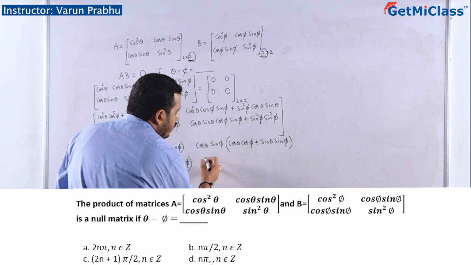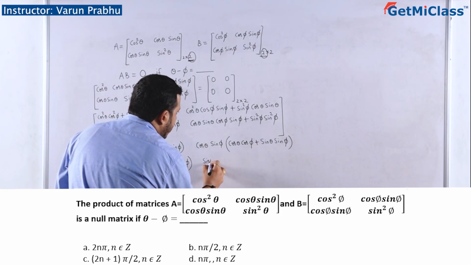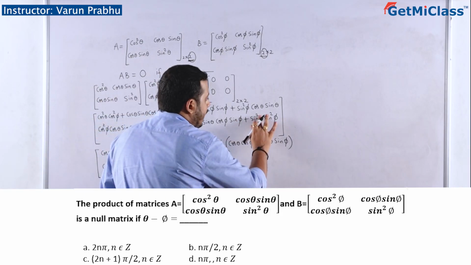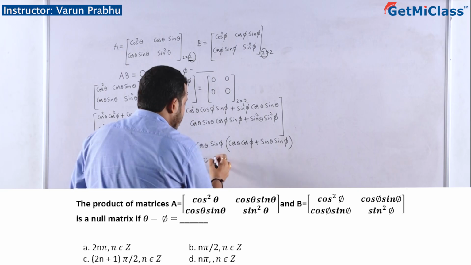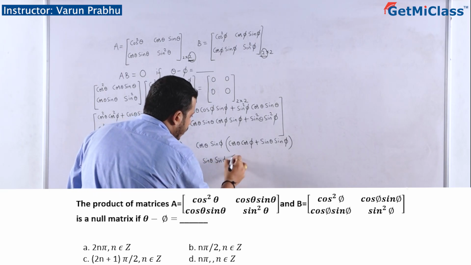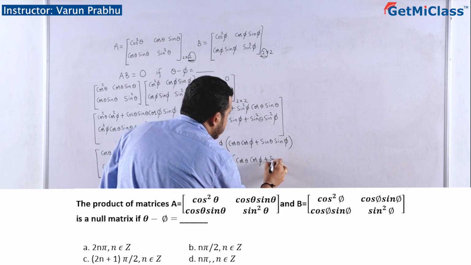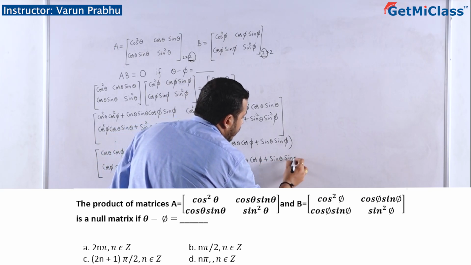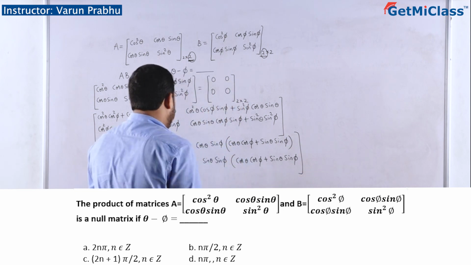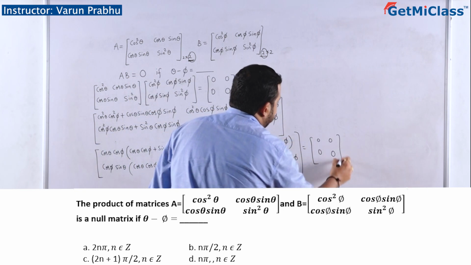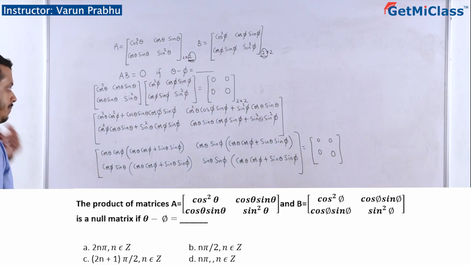And here also, sin theta and sin phi, this is sin squared theta, all right. If I take out sin theta and sin phi common, cos theta cos phi plus sin theta sin phi will be left out. This part will be equal to 0 0 0 0. All right.